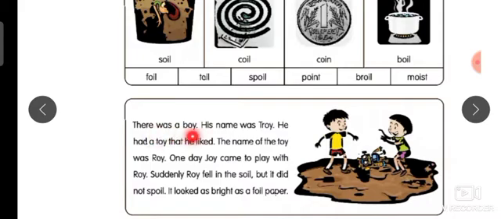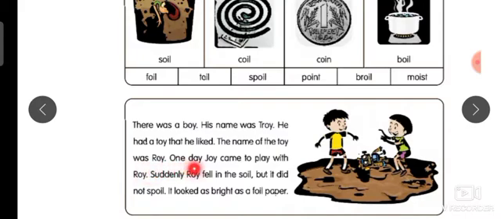There was a boy, come on, repeat with me. His name was Troy. He had a toy that he liked. The name of the toy was Roy.